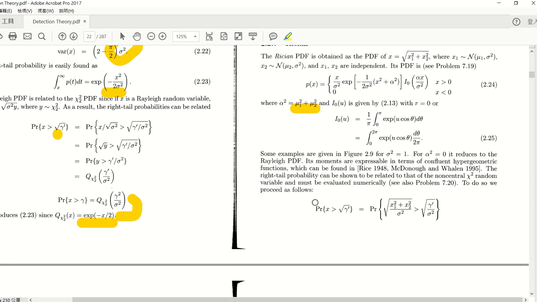Okay, then let's look. We'd like to know not the probability density function, but the right tail: the probability of x larger than the square root of gamma prime equals the probability that x1 squared plus x2 squared, divided by sigma squared, and then you take the square root of it.